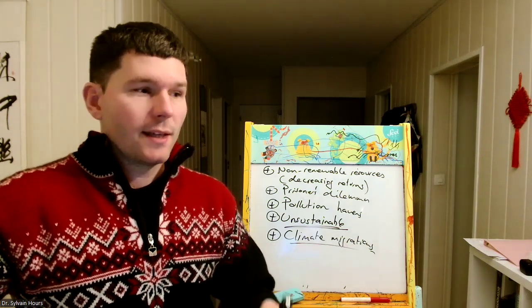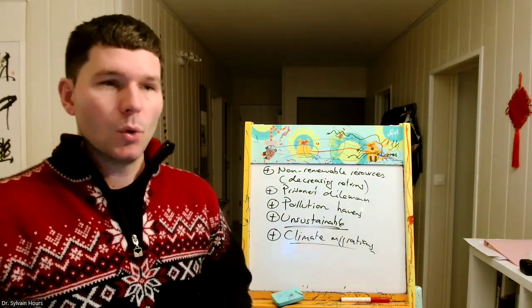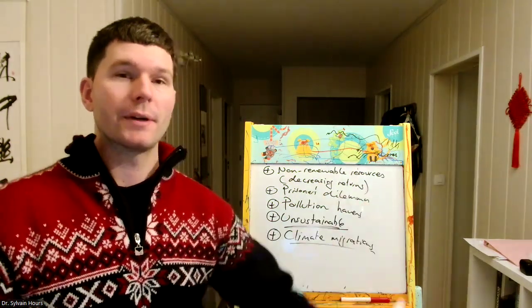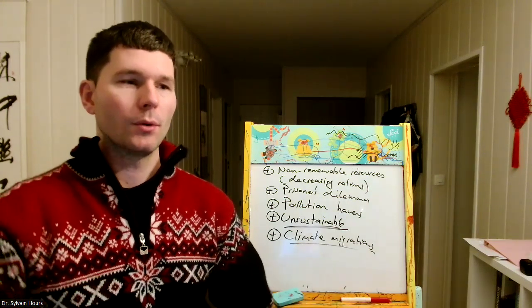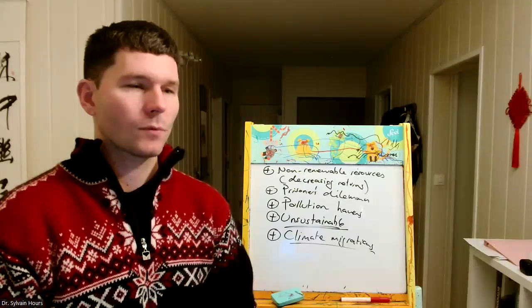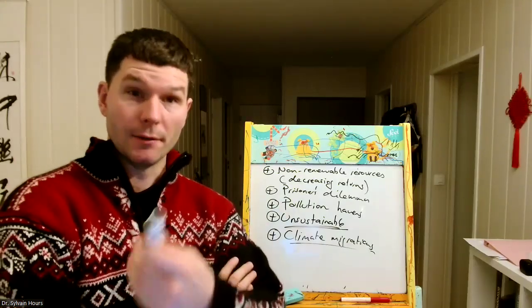And so we know that there are hundreds of millions of people who will have to migrate, to go somewhere else, either north or south, where it's less humid, where the climate is still going to be livable.